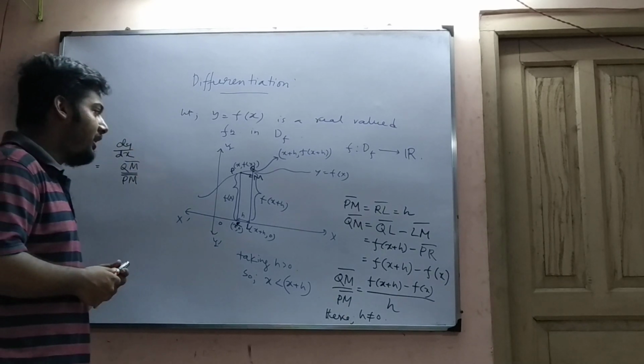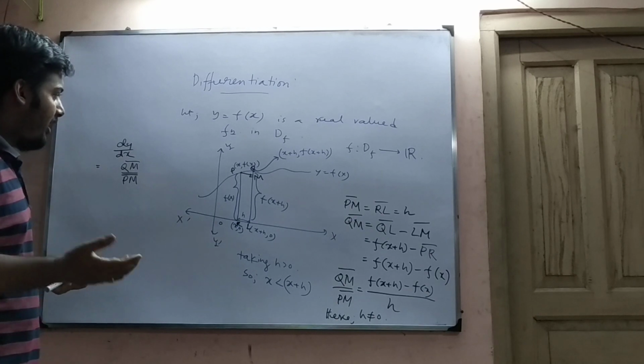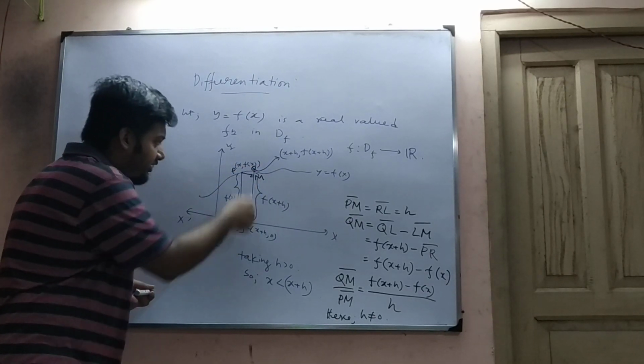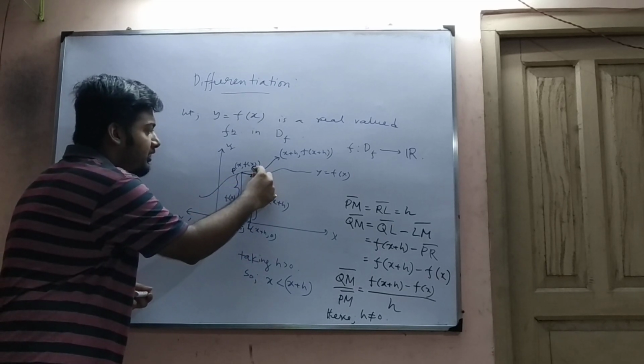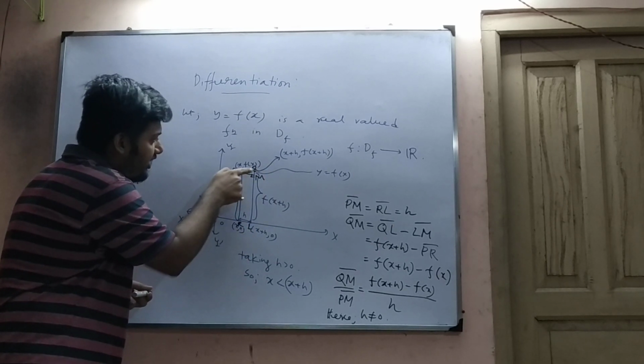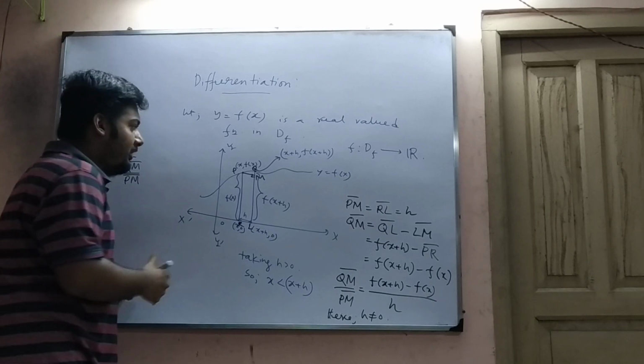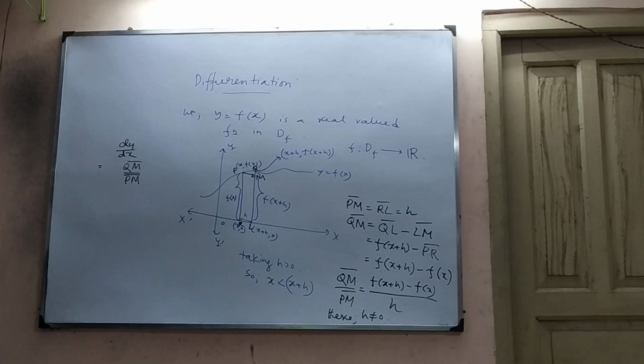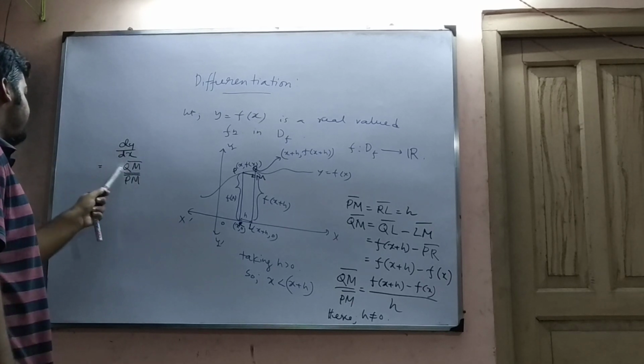What is change of y? Here y is PR, here y is QL, and the change is QM. So change of y is nothing but this small thing QM. Clear? So change of y is QM.